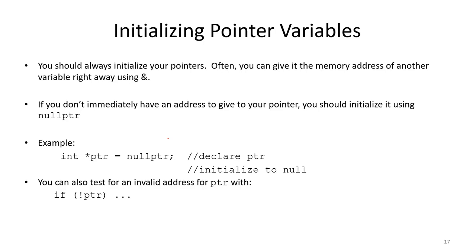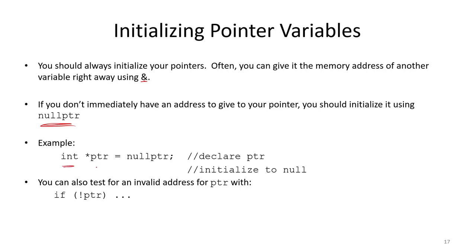All right, our next rule, you'll remember we mentioned that we want to initialize our pointers. And since pointers hold memory addresses, we initialize a pointer by assigning it a memory address. So often we can give our pointer a memory address right away using the ampersand. But if we don't immediately have an address for our pointer to point at, it's a good practice to initialize your pointer to null.